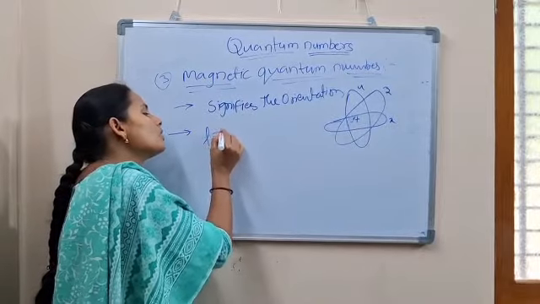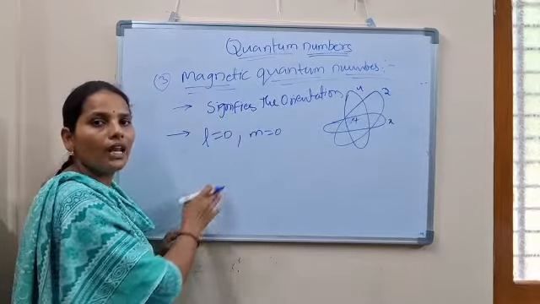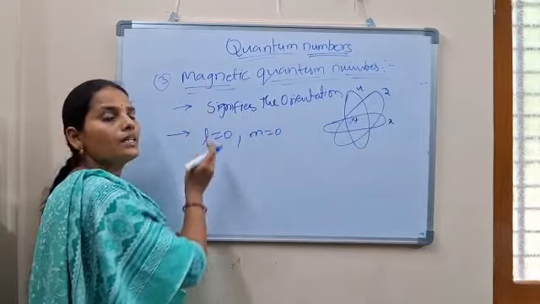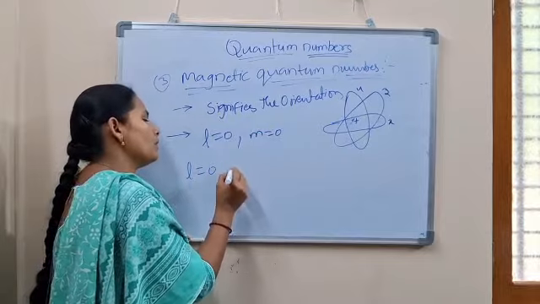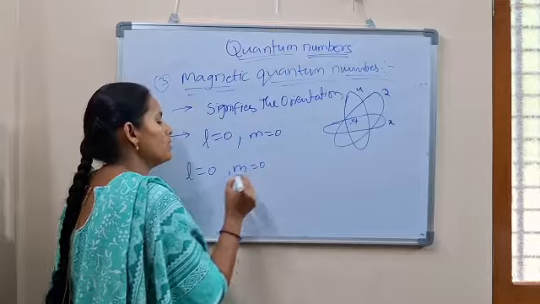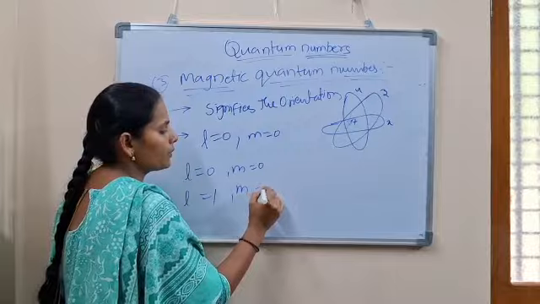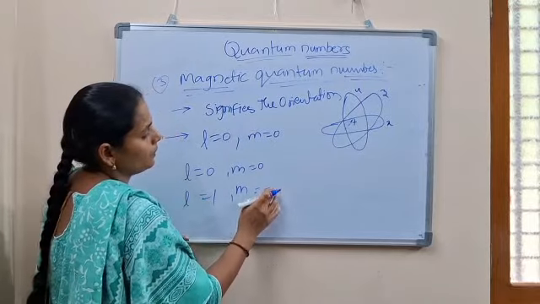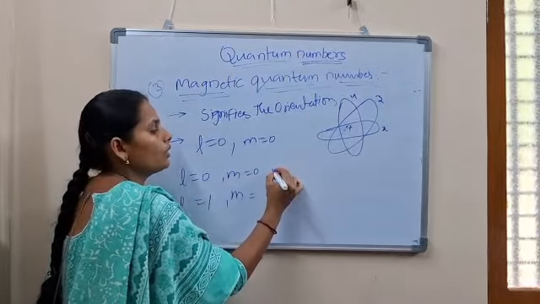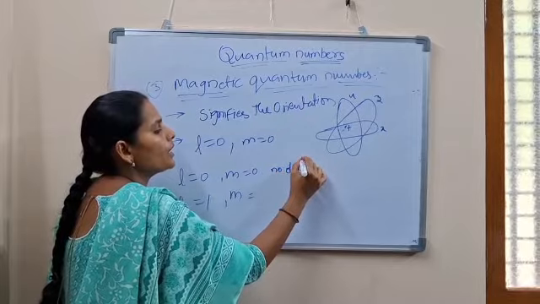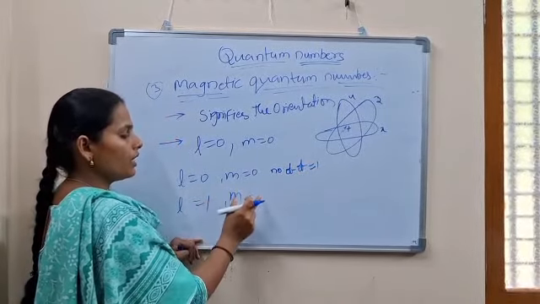If l equals 0, the m value must be 0, and the number of orbitals is 1.